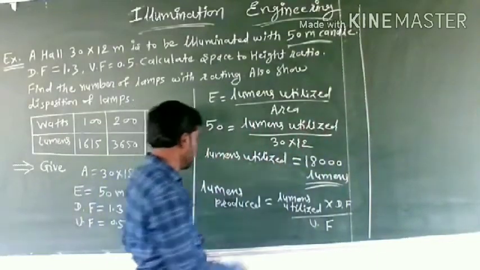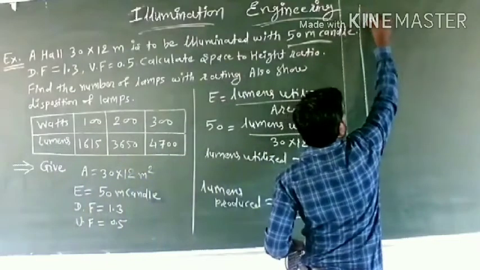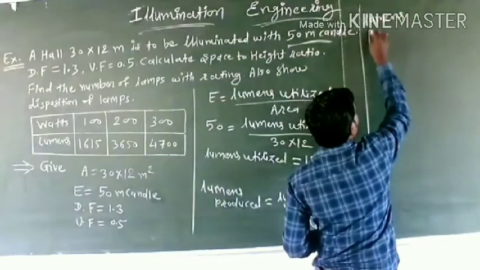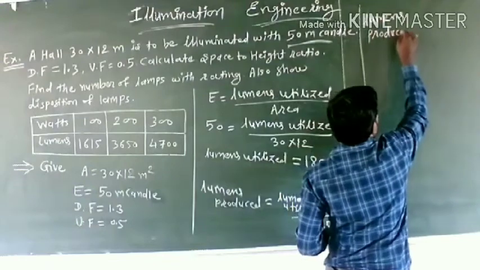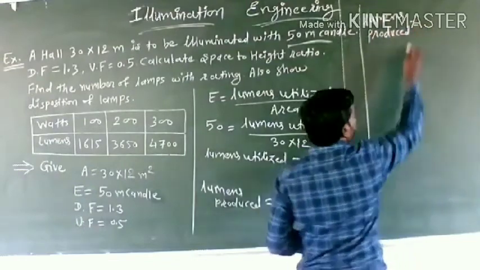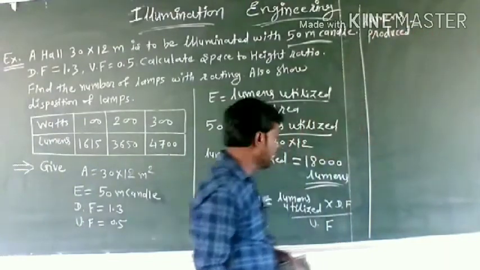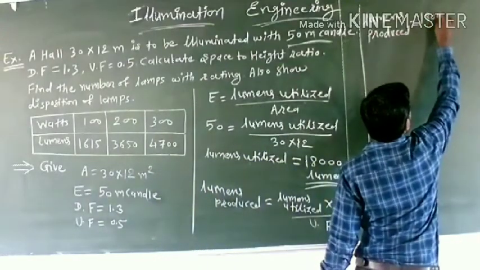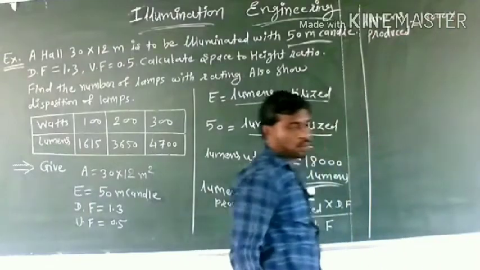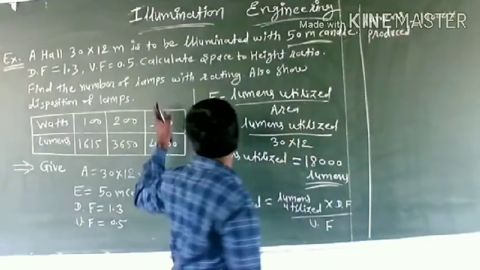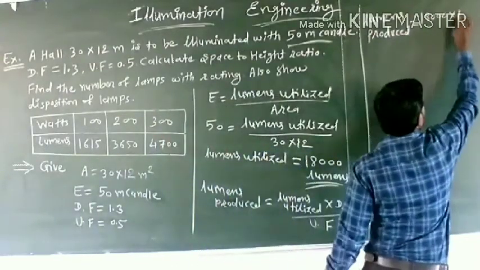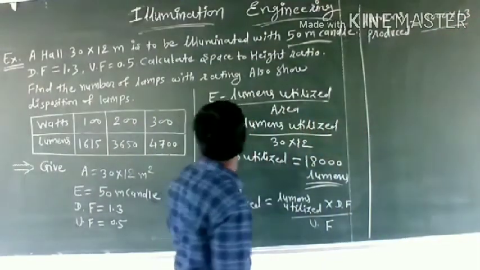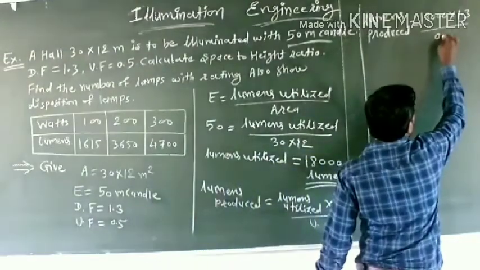So here lumen produced is equal to lumens utilized 18,000 into value of DF given 1.3 upon UF 0.5.